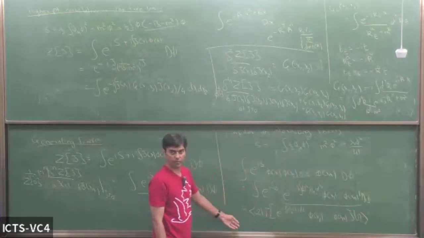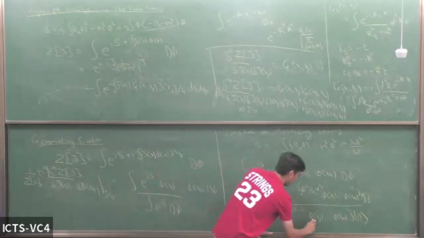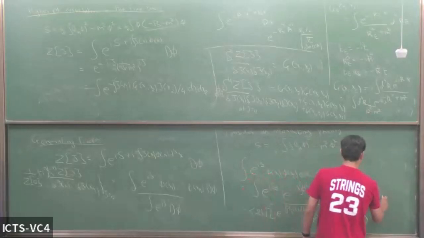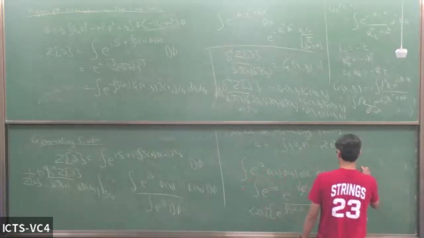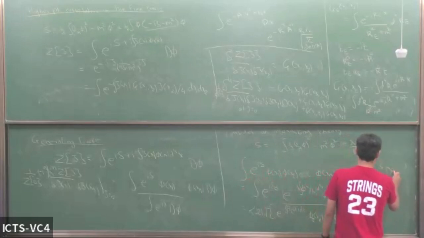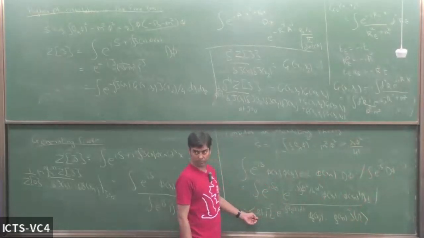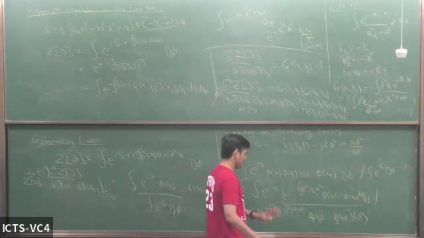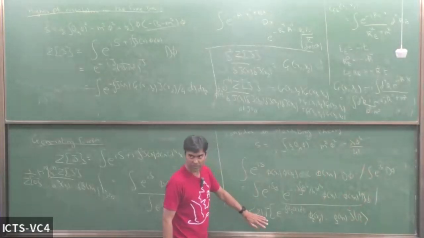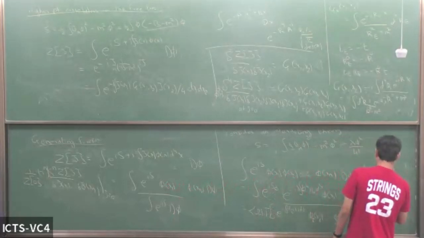Thank you. You're right. When I divide this by the integral of e to the i S d phi, this always gives you correlators in this vacuum. Sorry, you're right, this gives you some correlators in the free vacuum.